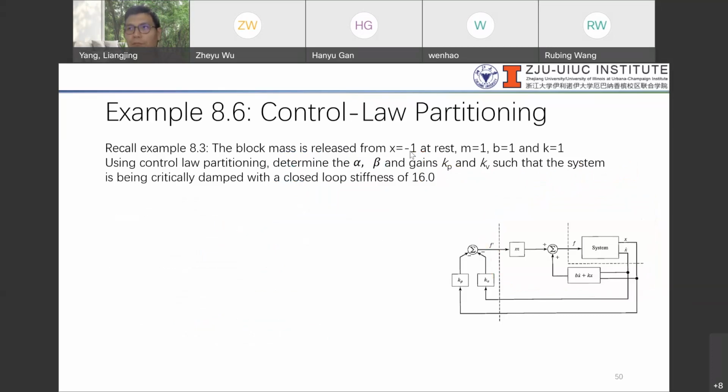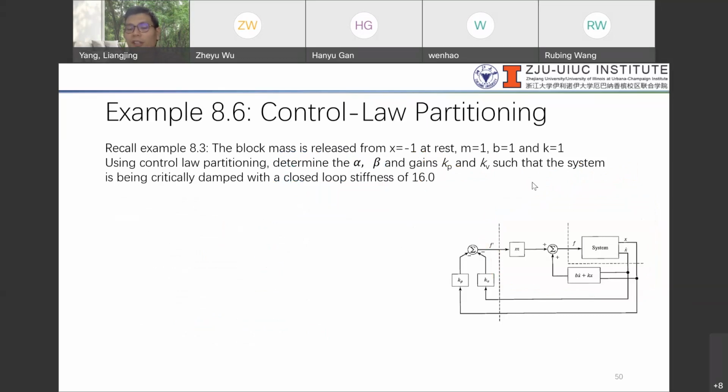So again, let's plug in the same numbers in that same problem, but with a different representation of our control scheme. So now we are using control law partitioning.